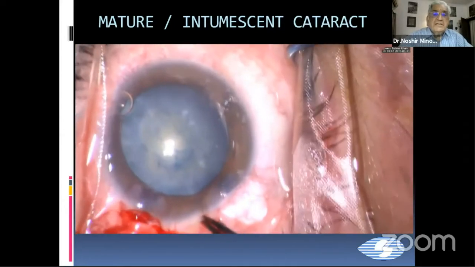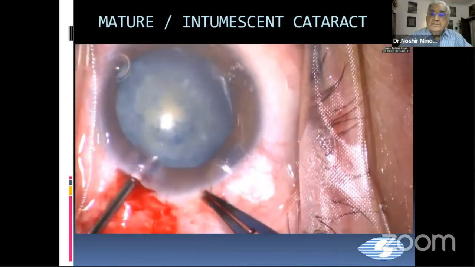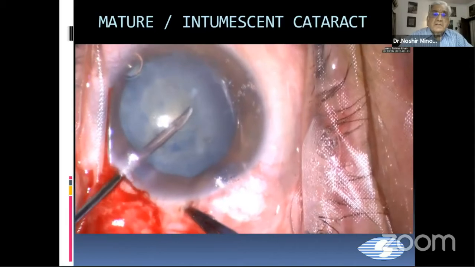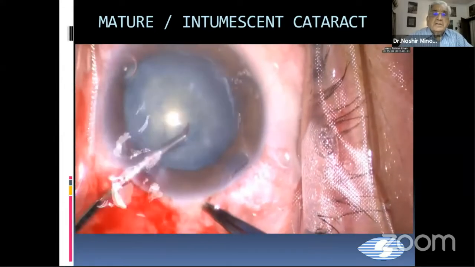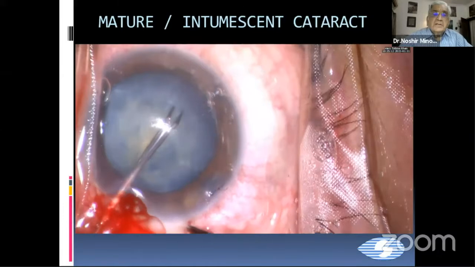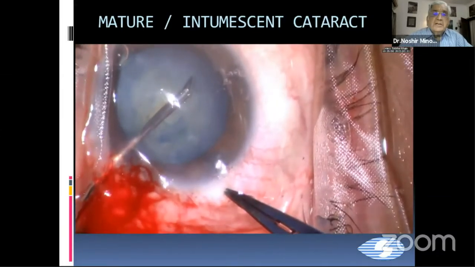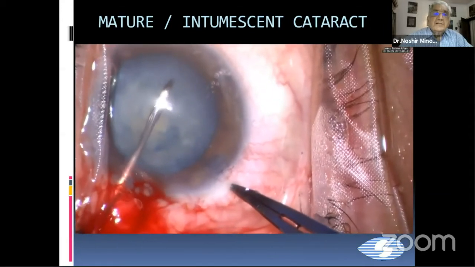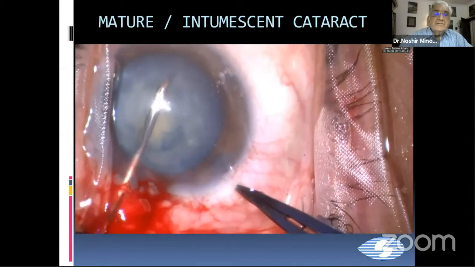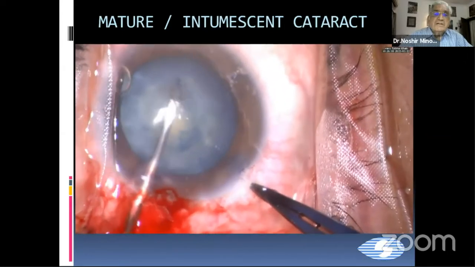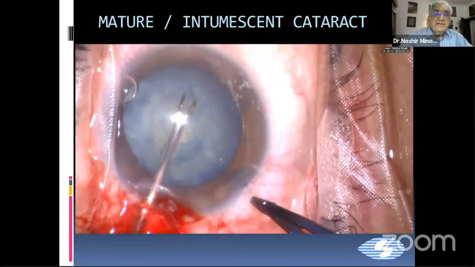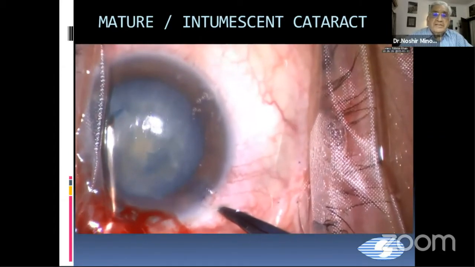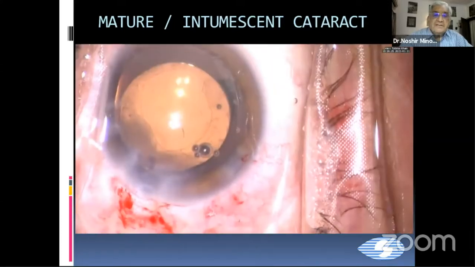Make a nick on the other side on the rhexis margin, and again extend this rhexis so that we have a larger rhexis, and we can do a phacoemulsification very easily. And this is the rhexis we've got finally.